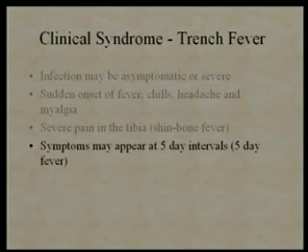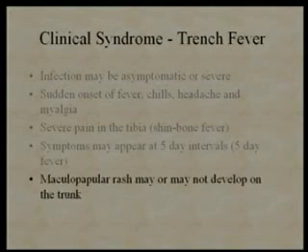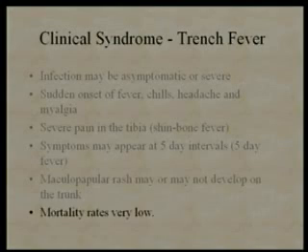So every 5 days they have this severe pain again, and that's why it's called 5-day fever. A rash can develop, and when it does develop, it looks just like typhus. Again, this is why this organism was covered with the rickettsia. But it doesn't always develop. But you have this shin bone pain every 5 days.